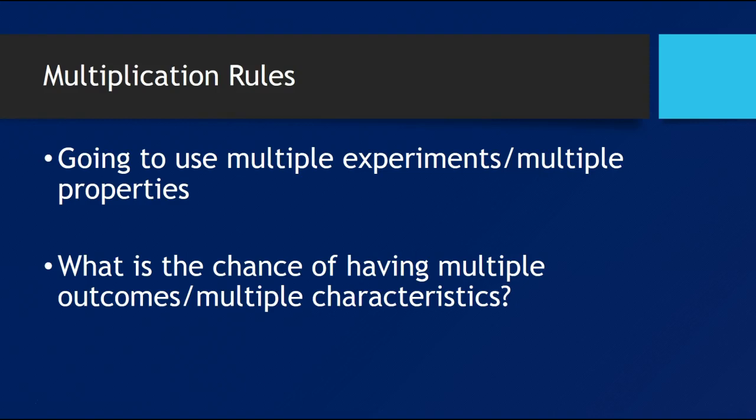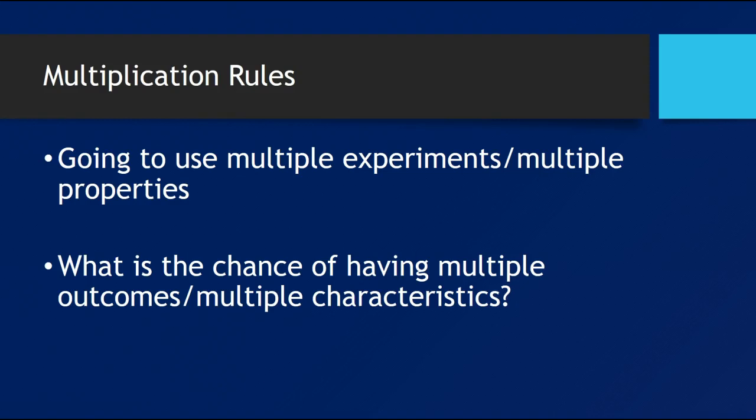So think of having, what is the chance of having multiple outcomes or multiple characteristics. Let's think about this in a sense. If we're picking one individual out of the state of Michigan, we could ask, what's the probability that somebody picked at random is over 5'6"?